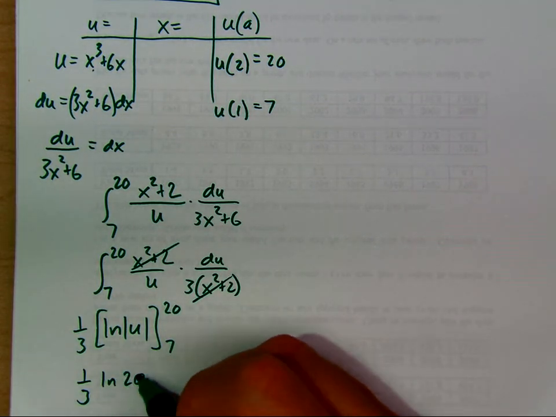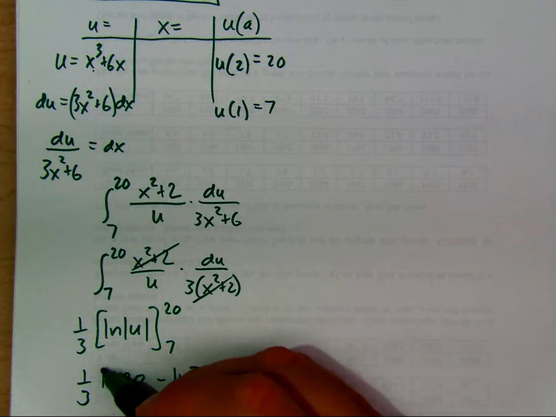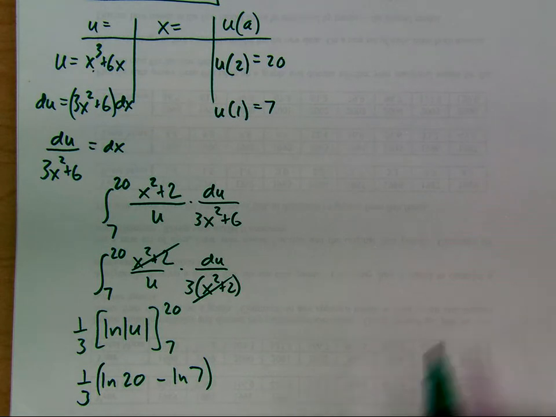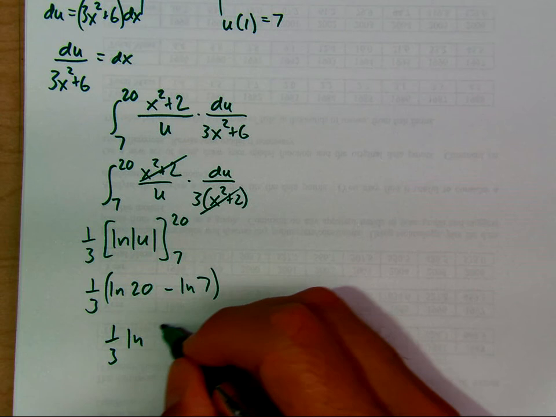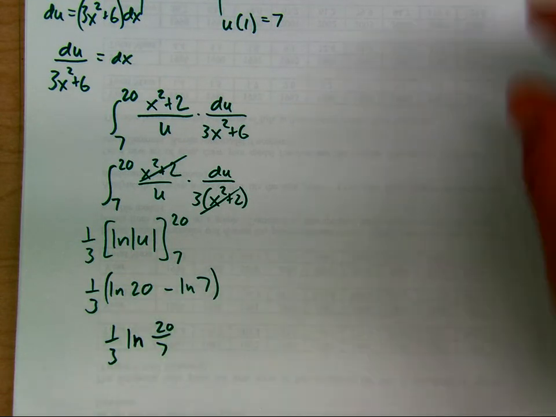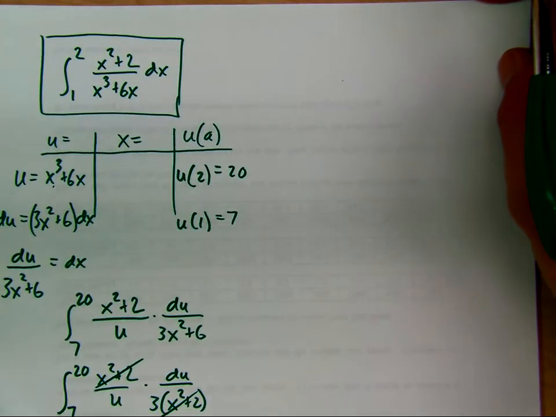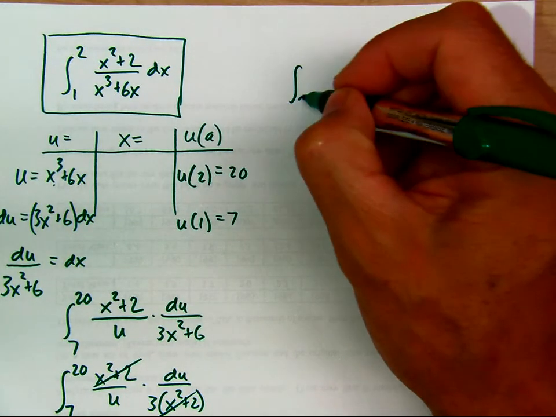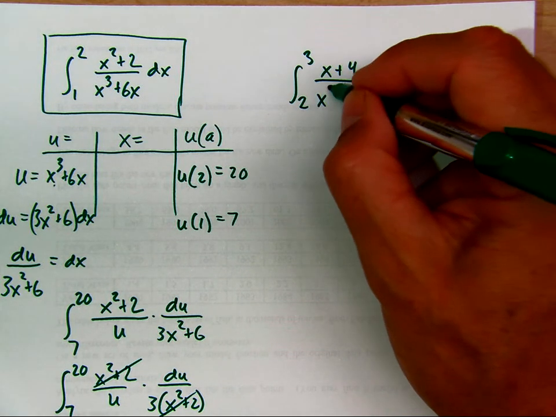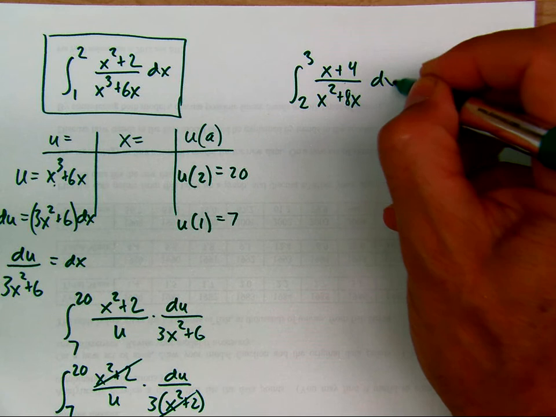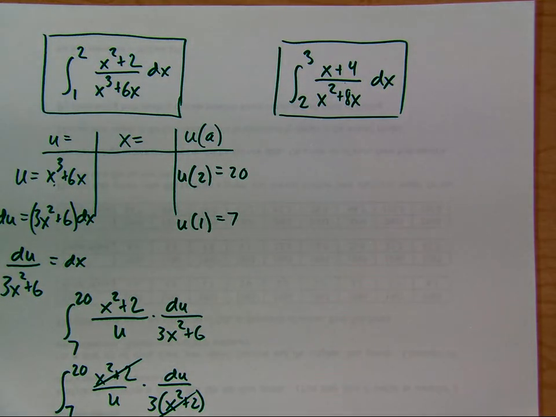So natural log 20 minus natural log 7. We don't have to write absolute value because they're already positive. And we could rewrite it as 1/3 natural log 20 over 7. All right, pause the video and try that one.